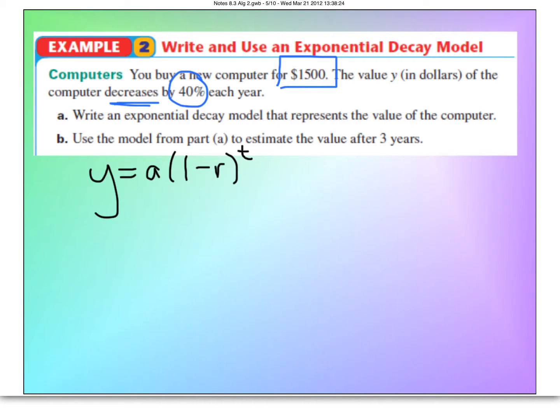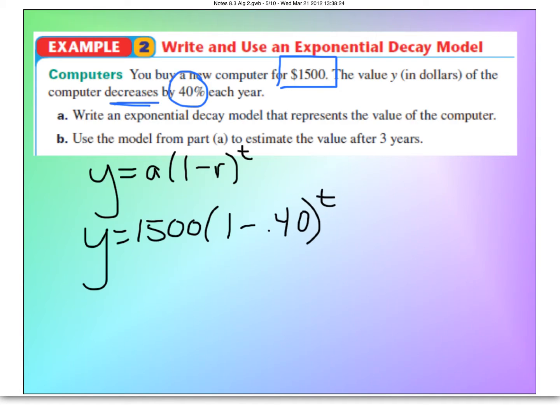So we are starting with a $1,500 computer, the rate is 40%, and we don't know the time. Simplified, this formula would be y equals 1,500 times 1 minus 0.4, which is 0.60, to the t power. So that's the equation that I would type.